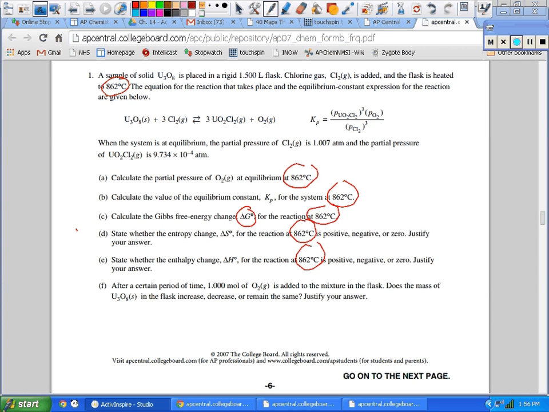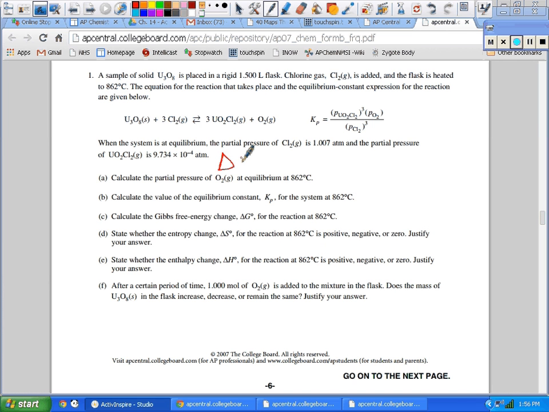You will see it on the back under thermochemistry and electrochemistry. It says delta G equals negative RT ln K. Please don't mess this part up, because somebody's going to. We know it's delta G equals negative RT ln K.